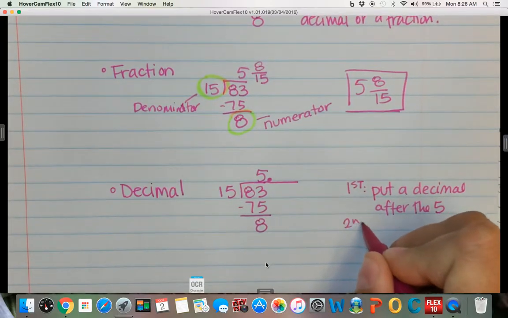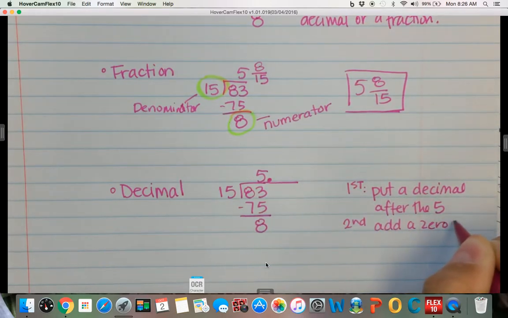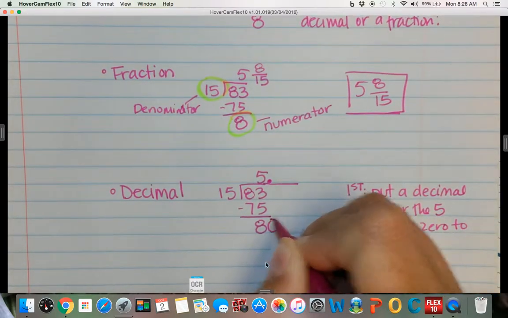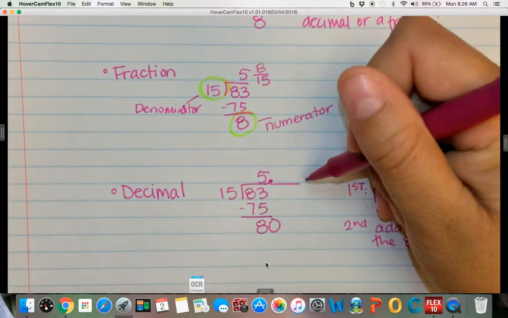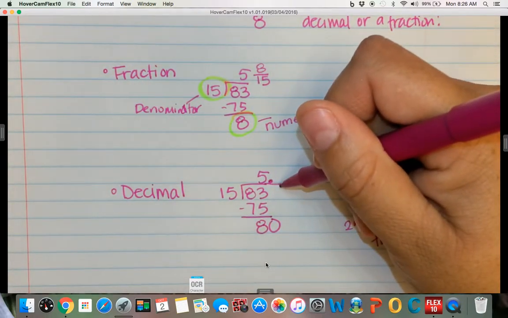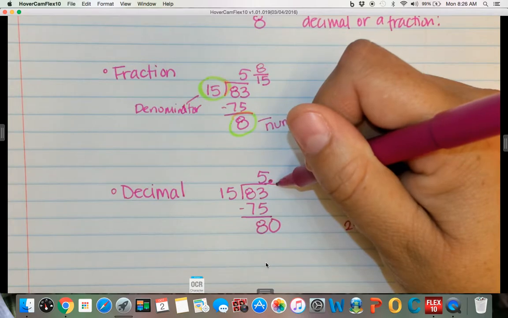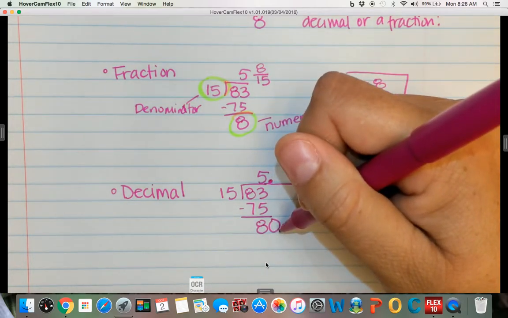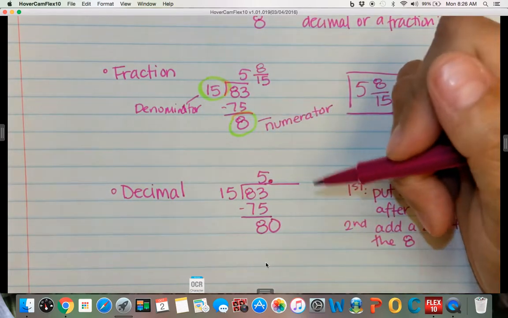The second thing I do is add a 0 to the 8. I'm now going after the decimal. I'm looking for a tens place. And in order to find that tens place, I'm going to make this number larger. So it's my point and my 0.